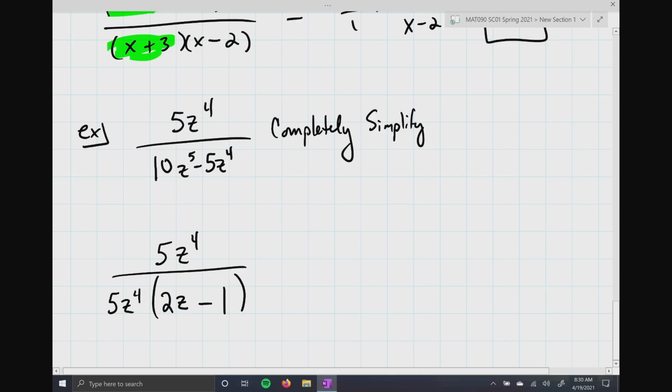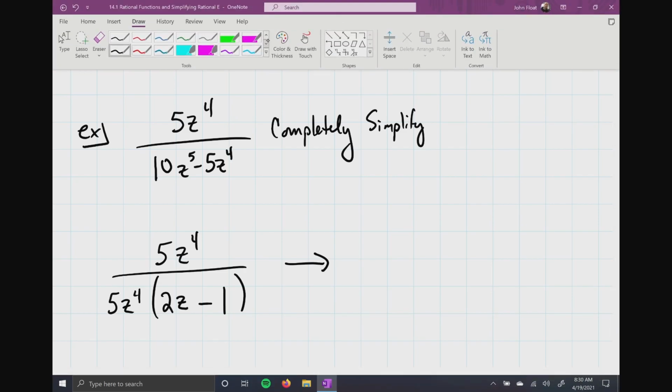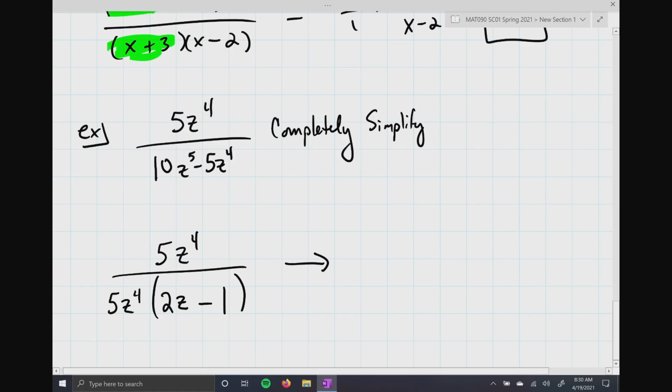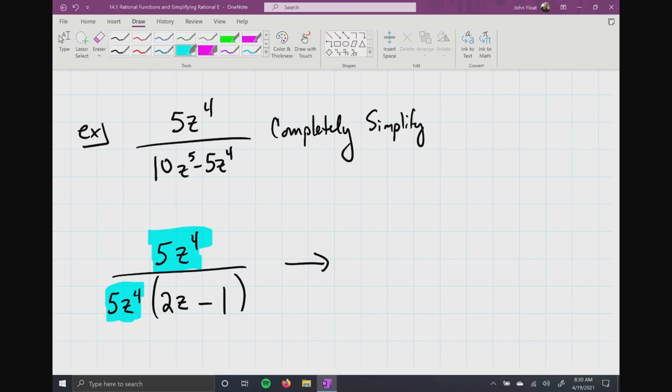Now, in the numerator, I got a 5z to the fourth, and in the denominator, I got a 5z to the fourth. I'll highlight them so you can see what I'm talking about. So I can definitely reduce them.